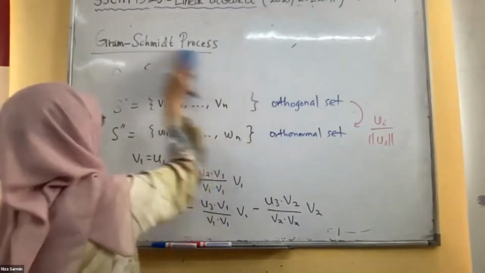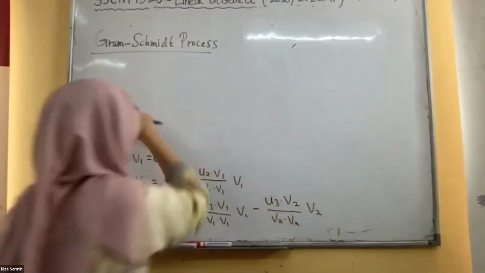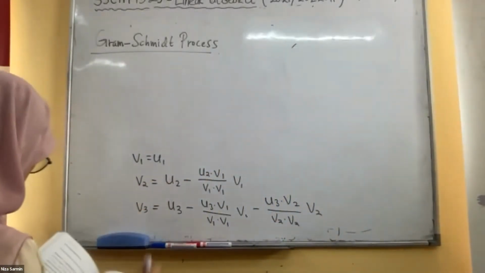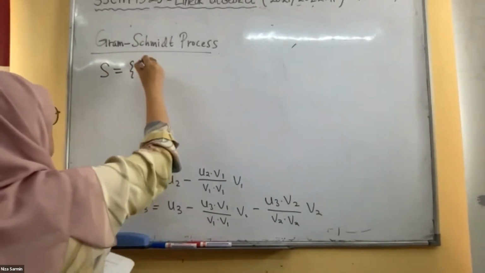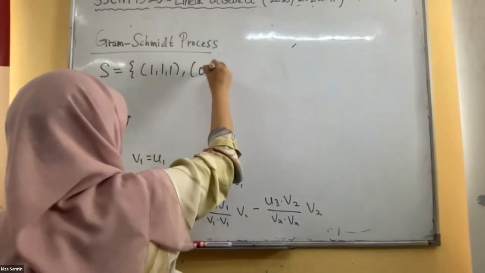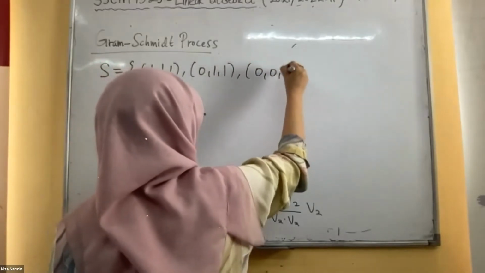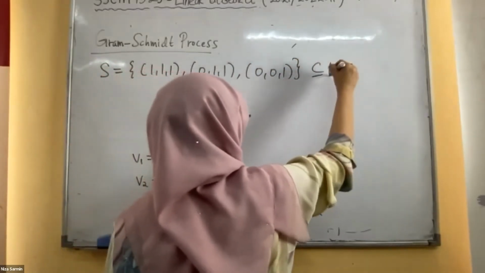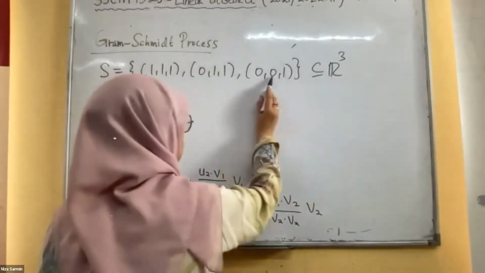Okay, so let's see one example. S equals (1, 1, 1), (0, 1, 1), (0, 0, 1). This is in R3 because you have 1, 2, 3.